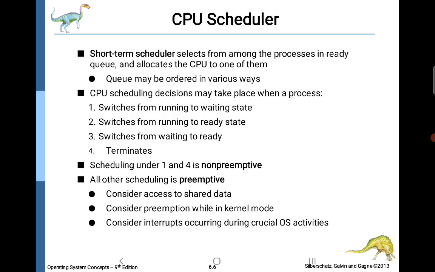Or if a process switched from waiting to ready. So three times we will take the decision.